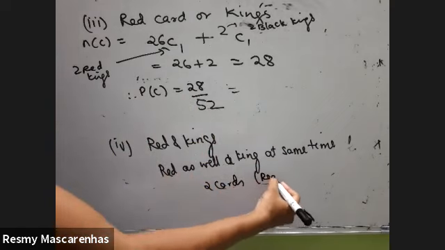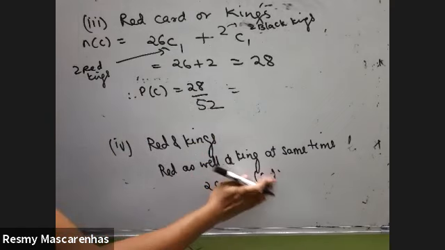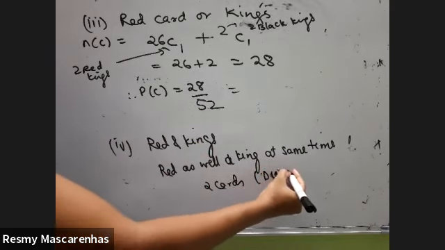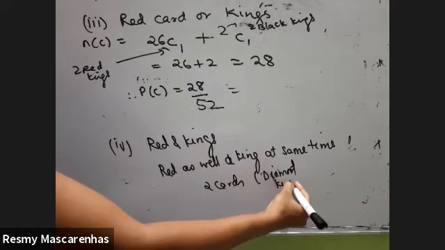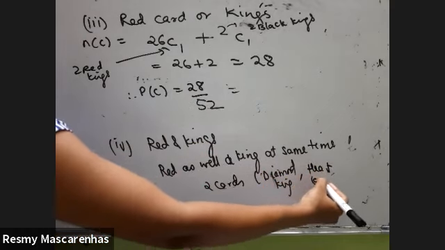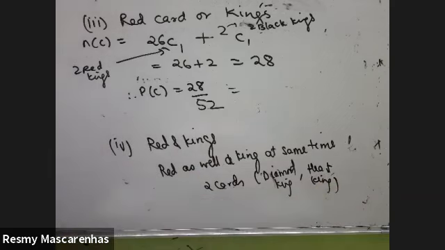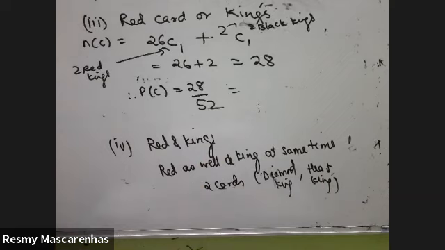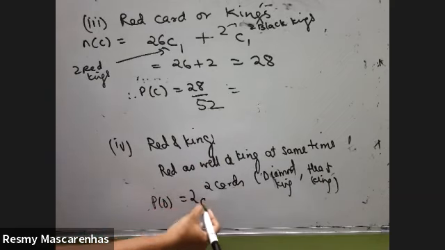That is red: the diamond king and the heart king. That's why there are only 2 red kings available.